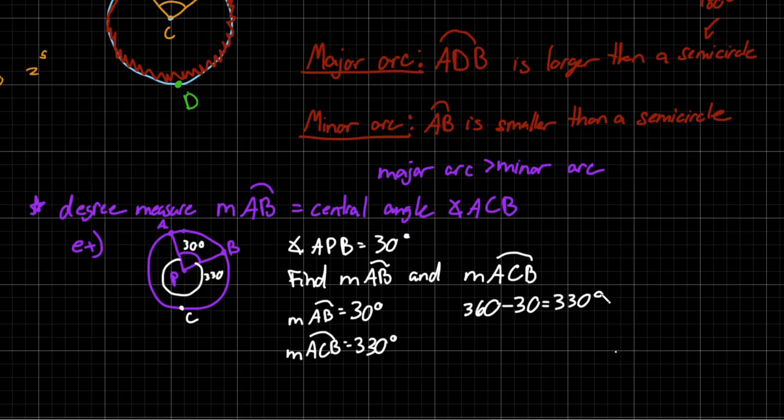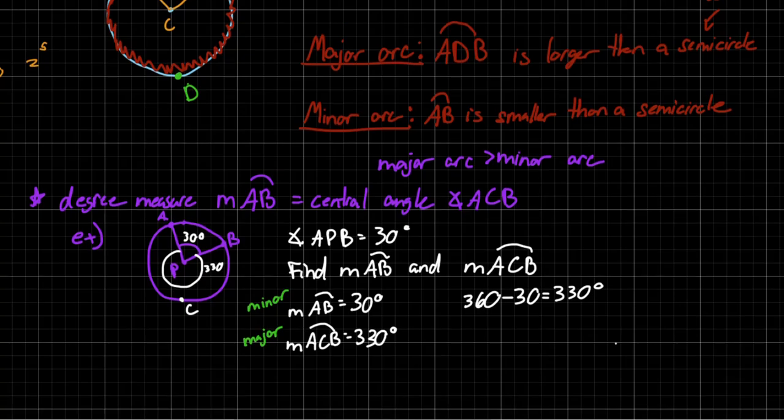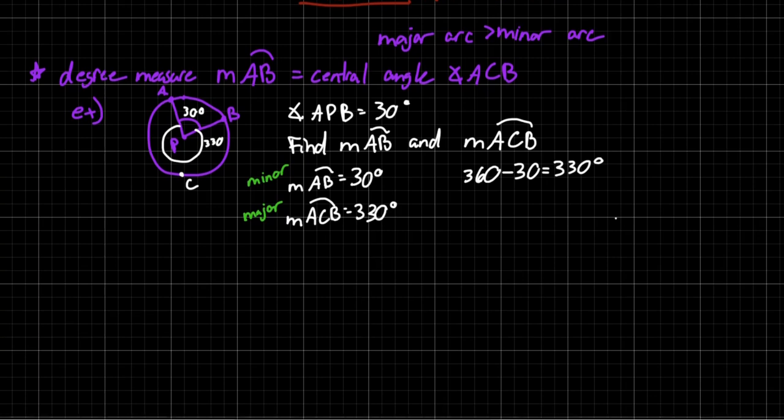So which one is my major? Yeah, ACB. So this was my minor, this was my major. What are they doing in science class today, guys? I know. Okay, so that's my major and that is my minor.